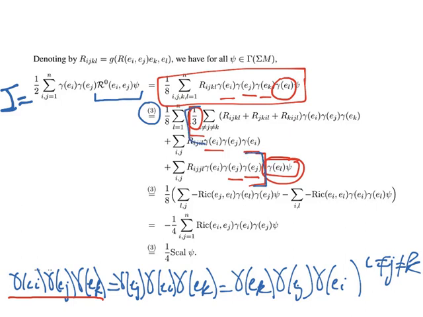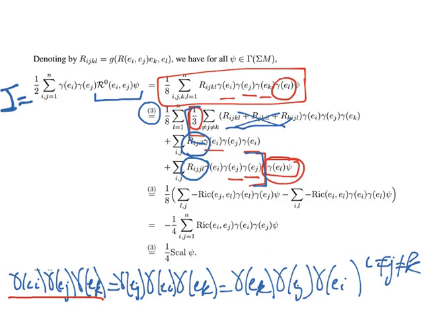And of course, all of us know the Bianchi identity, so we know that this first term is 0 and will not appear anymore. Now for the next two summations, R_ijil and R_ijjl, as you can see, these are the Ricci curvature: one is the Ricci curvature of e_i, e_l, and the other is for e_j, e_l.